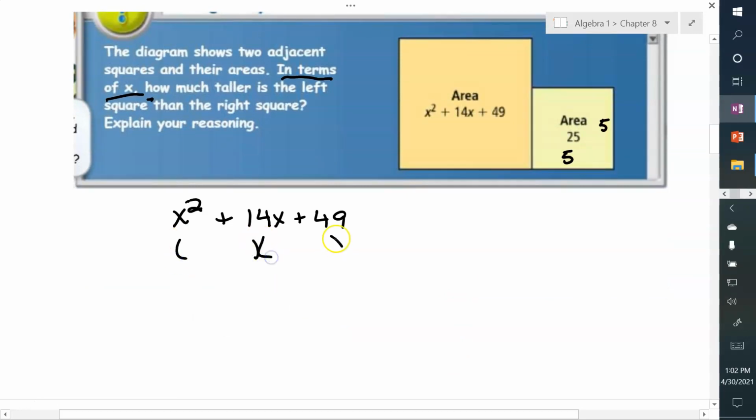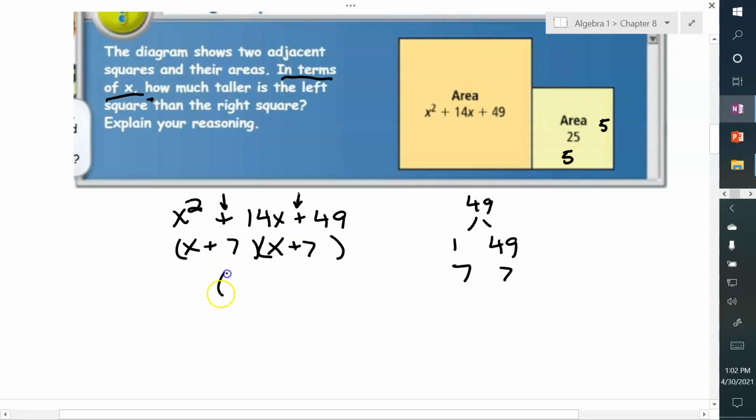My factors are going to look like this. I'm going to have an x and an x. 49 is positive, so we're going to have the same sign, and that sign is going to be a plus, so plus and plus. I want two factors of 49 that will add to 14. So here's 49. We have 1 and 49, or 7 and 7. And it turns out 7 plus 7 is 14.